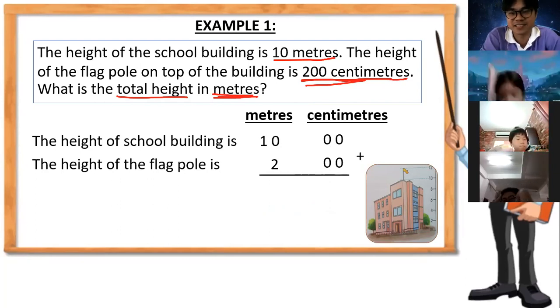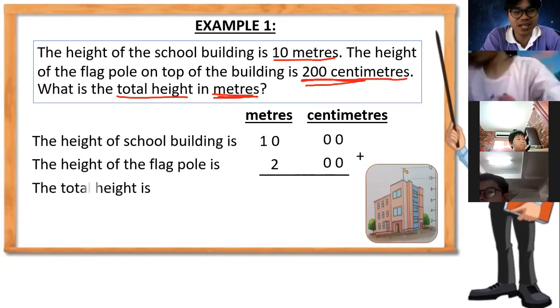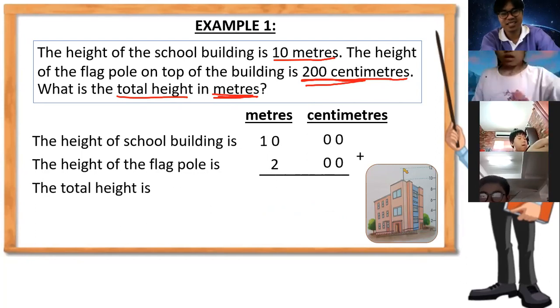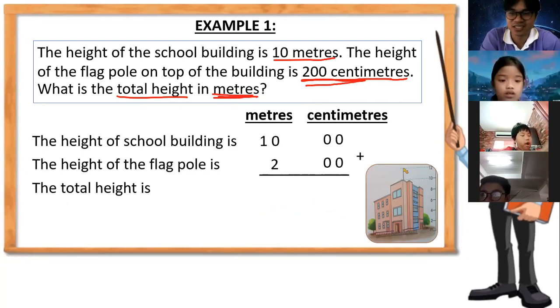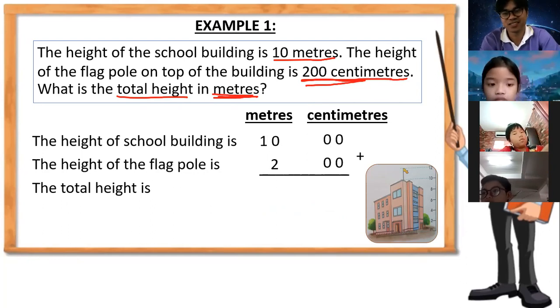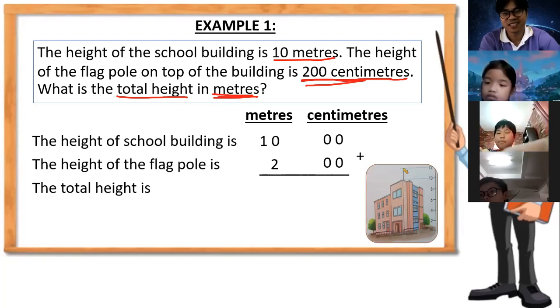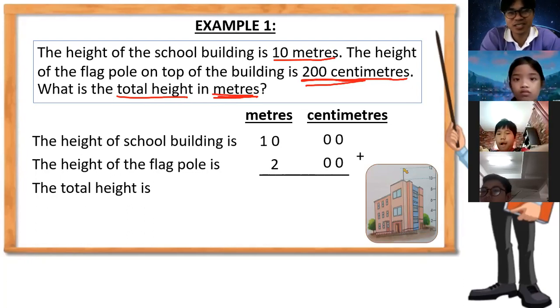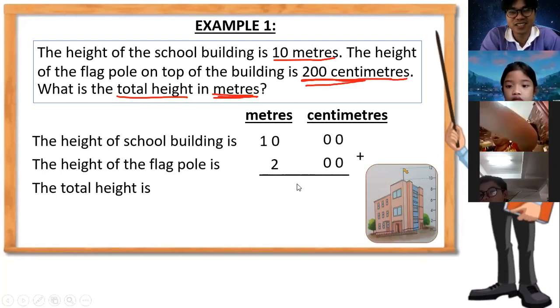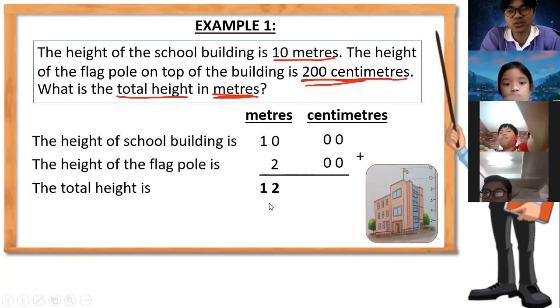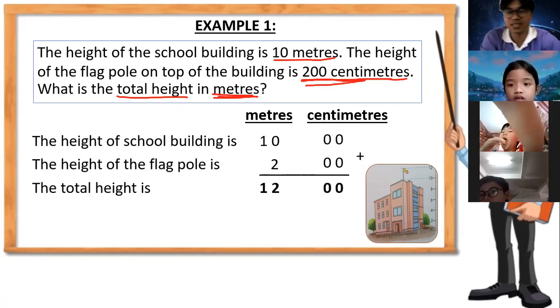Then plus, very easy. What is the total height? The total is 1,200 centimeters. In other words, 12 meters only.